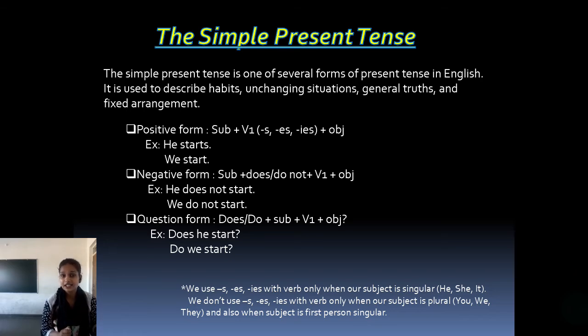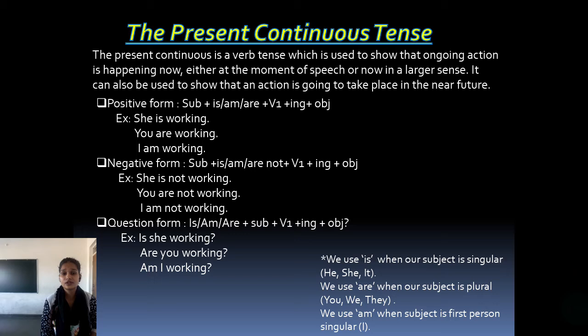Example, does he start? We use does here with he because he is singular, and then start. Here also we did not use s, es or ies with the verb, and then a question mark. Do we start? We is plural, that's why we use do here. So, do we start?